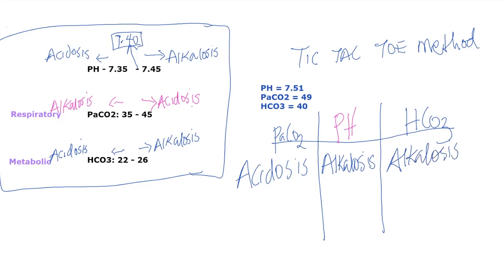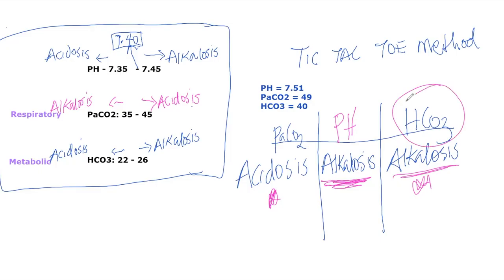So when you do this, now what you have to do is go back to your pH. Ask yourself, my pH is alkalosis. Which of these two, this one and this one over here, matches my pH? I have a pH which is alkalosis, and the one that is matching it right now is my HCO3.